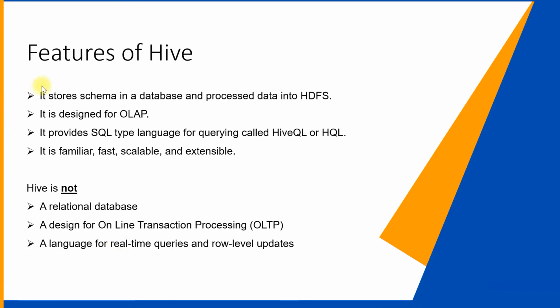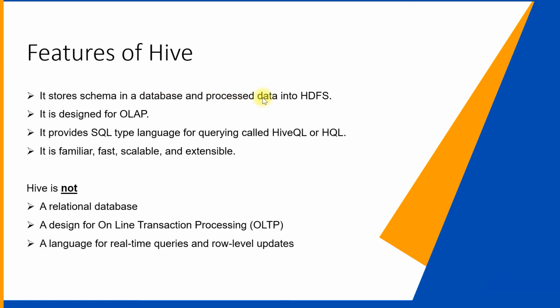Now let's look at some of the features. It stores the schema in a database and processed data into HDFS. What it means is that it leverages the HDFS concept, like the distributed concept, to perform any aggregation or any processing of data using the data nodes. We'll talk about how it is getting processed in the next slide. We'll be discussing the architecture, right?